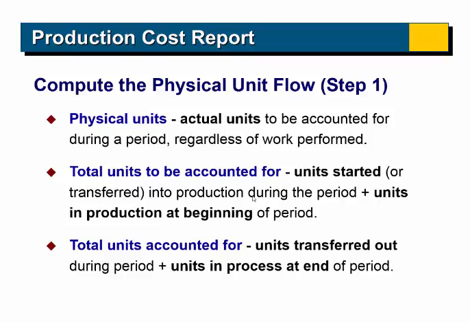That equals 900,000. The total units to be accounted for equals the total units actually accounted for. So 100,000 plus 800,000 equals 900,000, and 700,000 plus 200,000 equals 900,000. We can use these numbers to make sure that we are doing all of our calculations and our steps correctly.